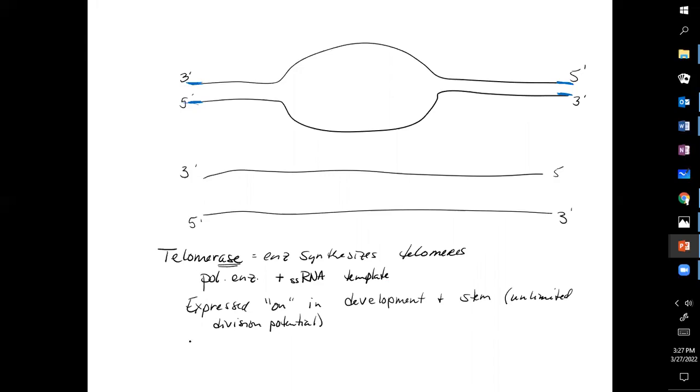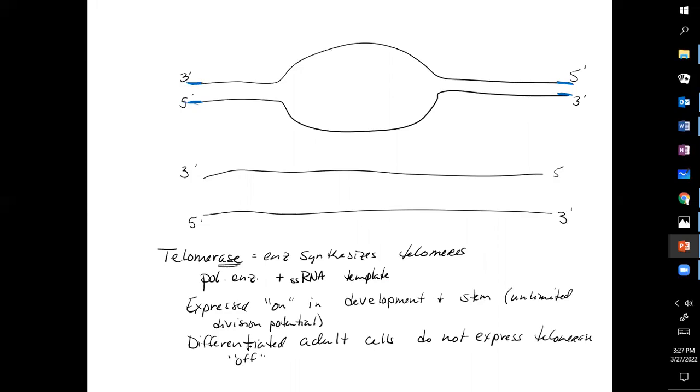But fully differentiated adult cells do not express telomerase. Differentiation is the process of a cell taking on more and more specialization. So you can think about telomerase as being off.